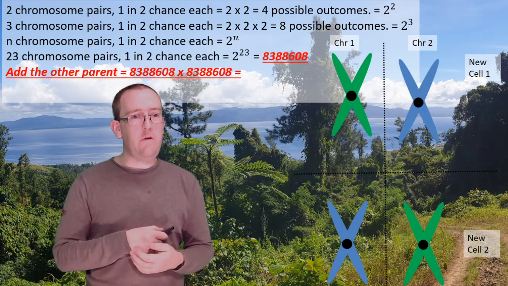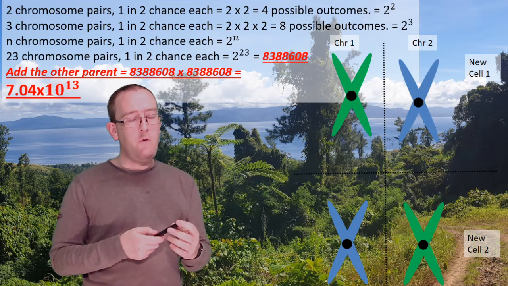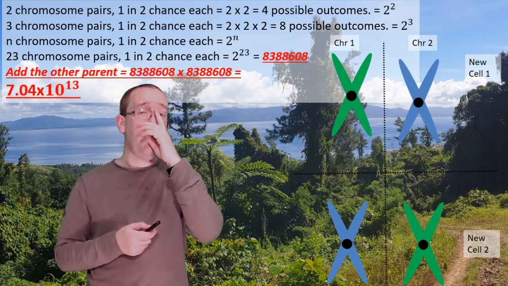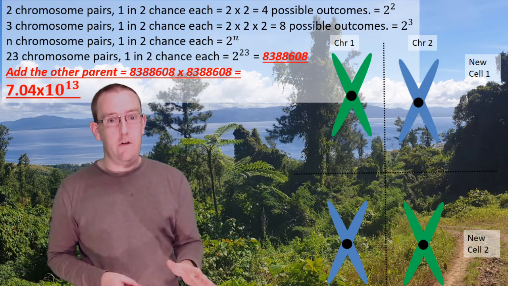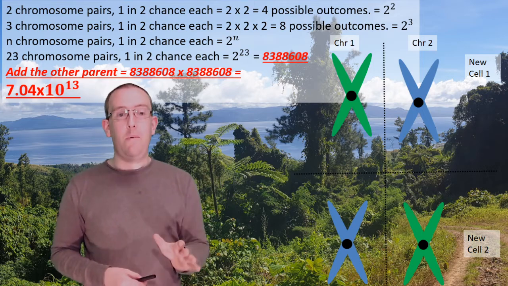Well, that leads to a number of 7.04 times 10 to the 13 possible outcomes, and that's before we even talk about crossing over. Okay, that's just from independent assortment.